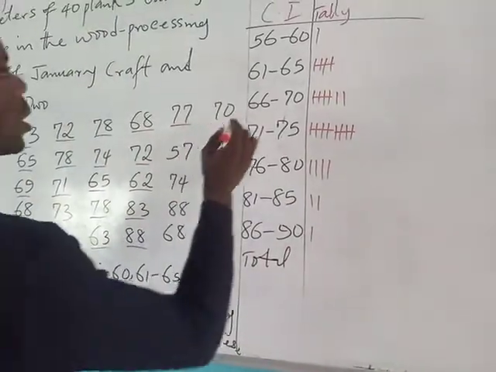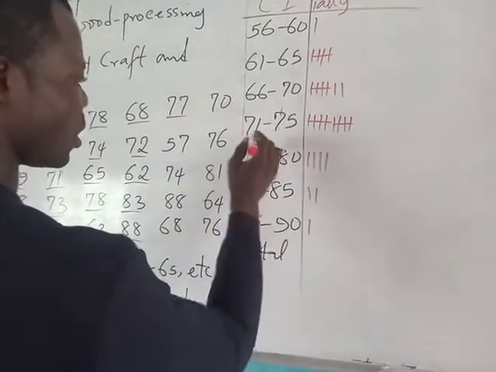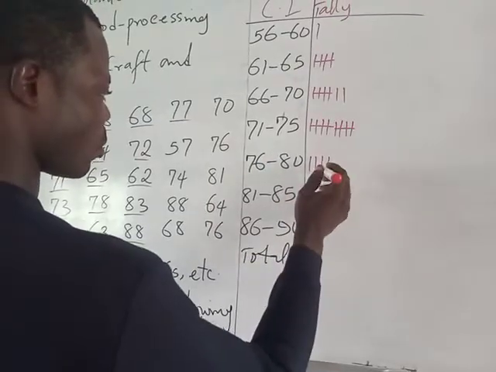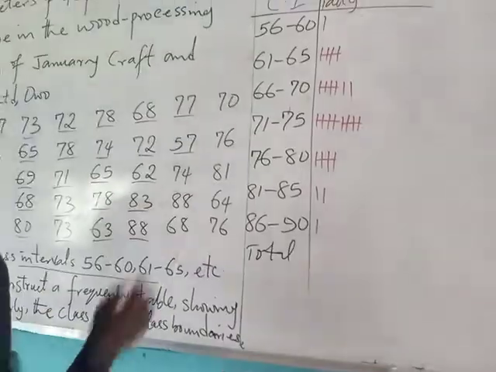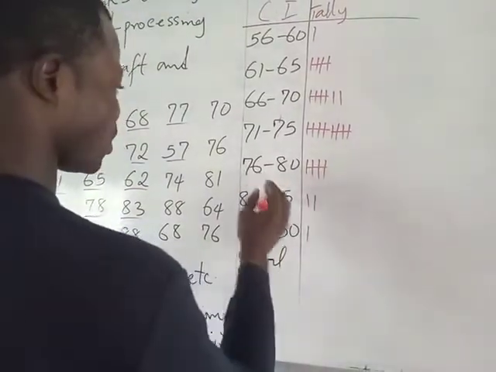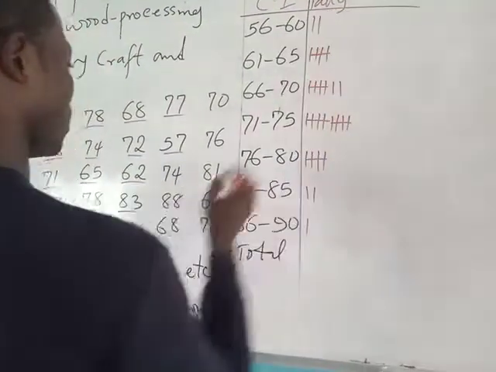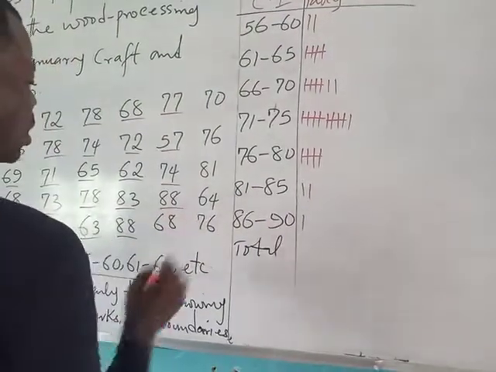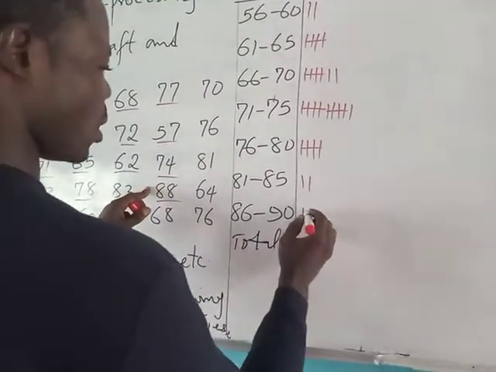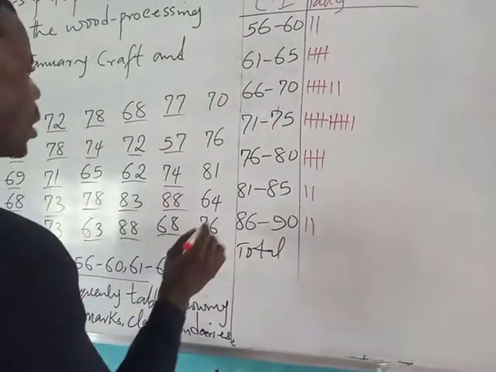We have a 77 here, and another 77 here, so we cross it. We have a 57 here. We have a 74 here. We have an 88 here. We have a 68.